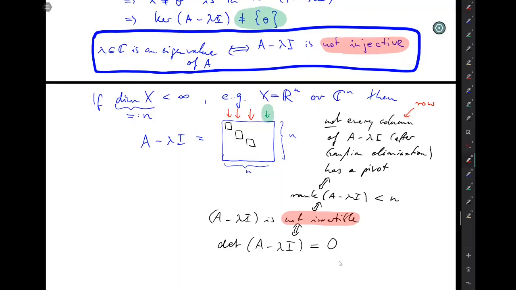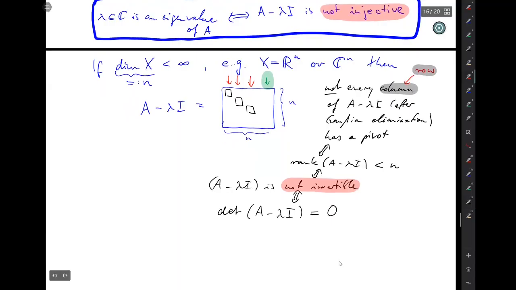The argument is, as we just went, in a square matrix, if every column has a pivot, then every row has a pivot, and if not, then not. So injectivity and surjectivity for square matrices always come at the same time, and that's why invertibility, or bijectivity, comes with already one of the two.